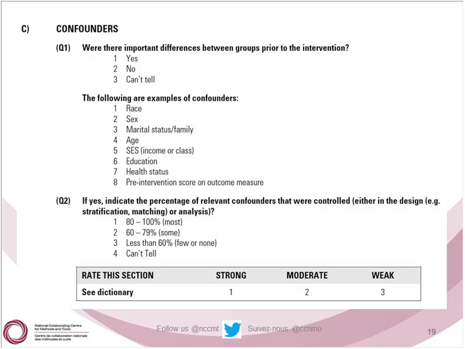I see one other question here at the bottom, a good one as well. The tool does not evaluate the discussion and conclusion section of the study. The study might be well done, but the authors may draw on other research or belief systems to present the results and develop conclusions.